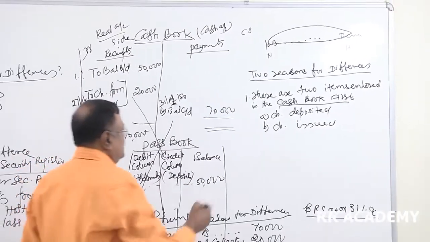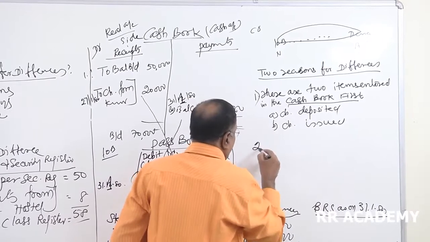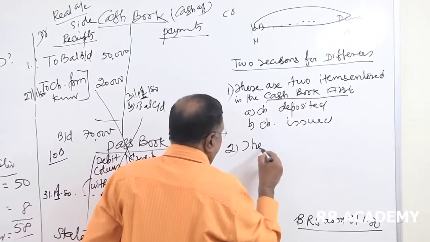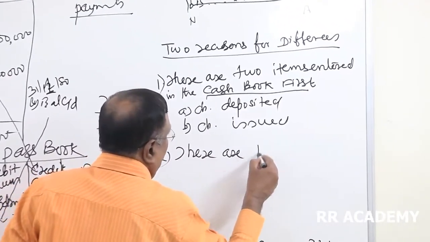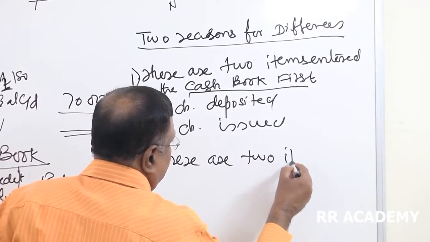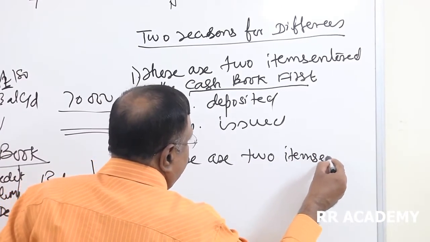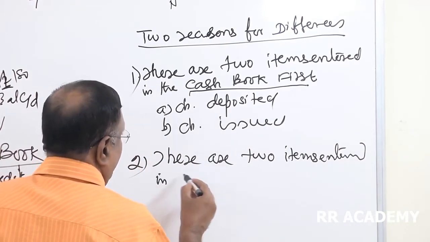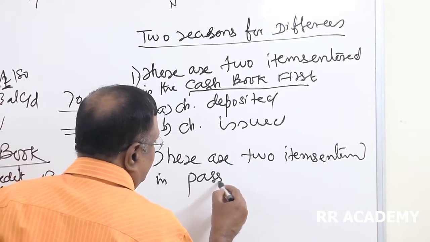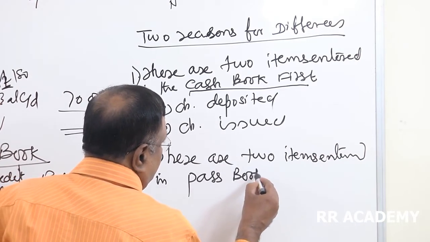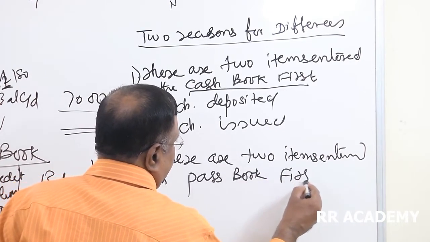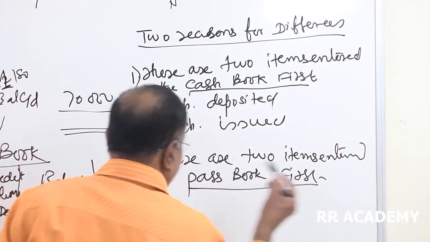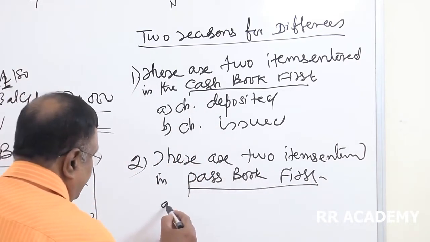So, difference. Number two, there are two items entered in the passbook first. Passbook first. See, friends, passbook first. What are they?